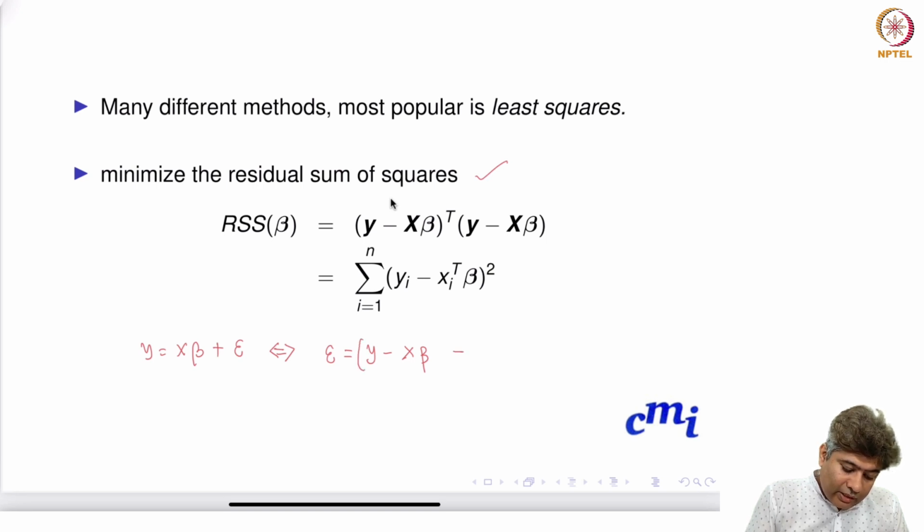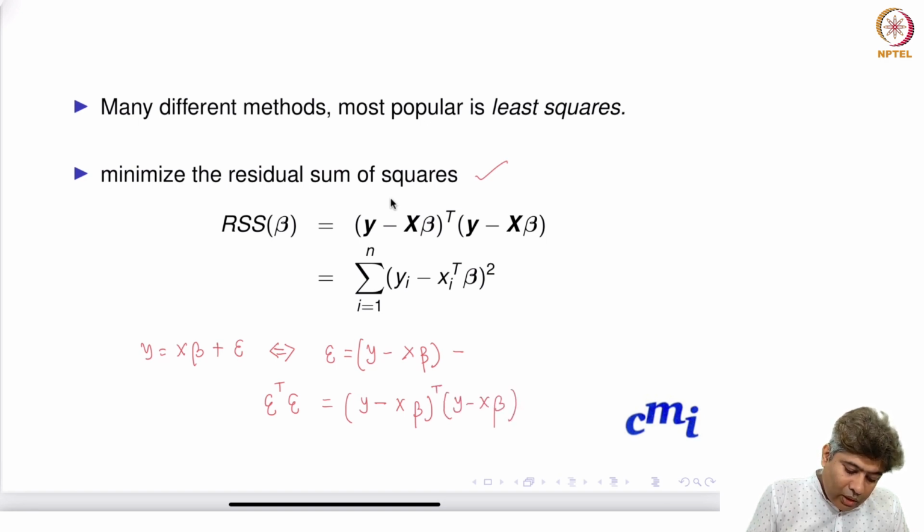If you take epsilon transpose epsilon, that is the residual sum of squares: (y minus X beta) transpose (y minus X beta).